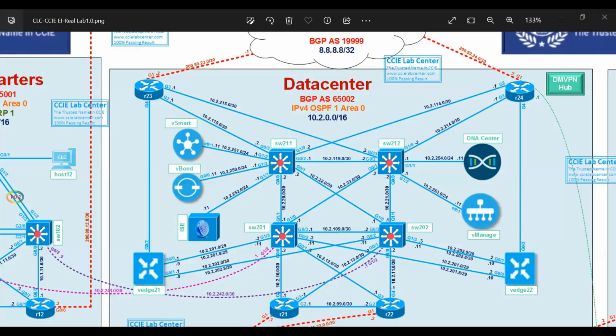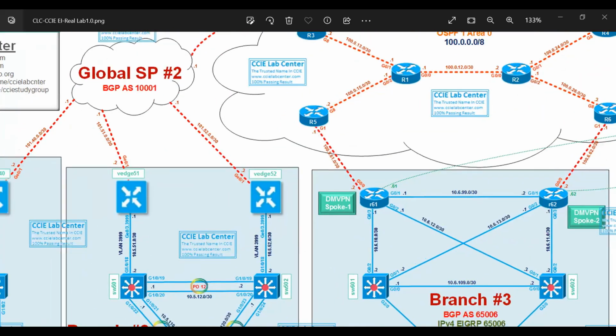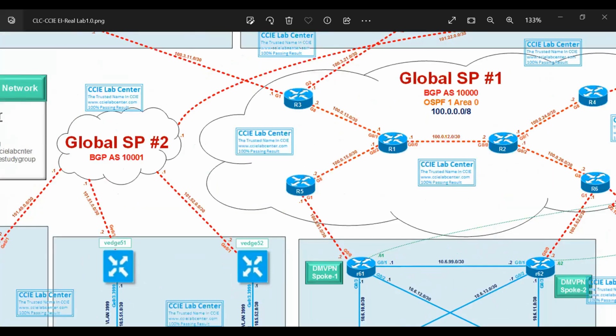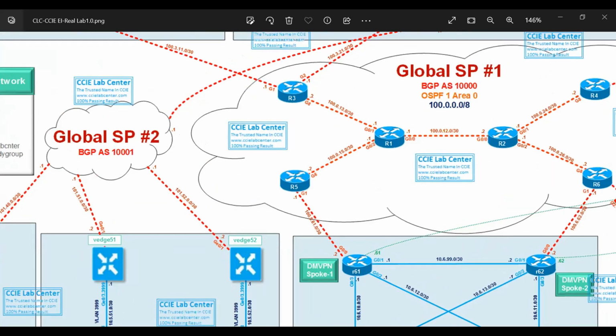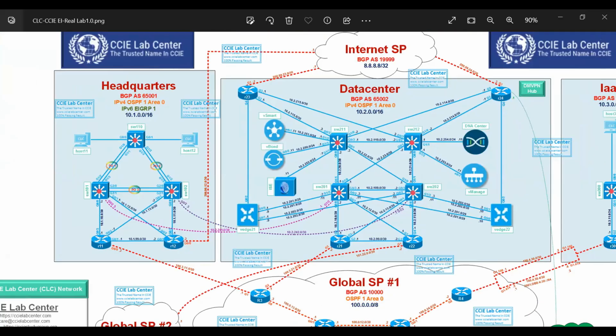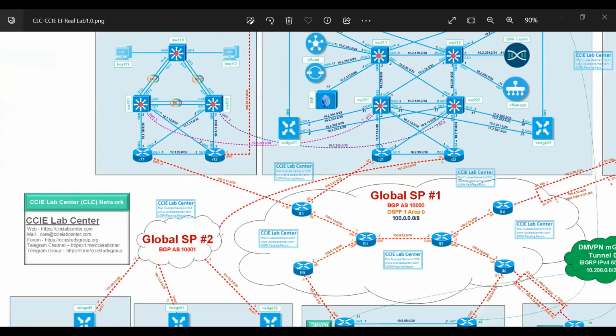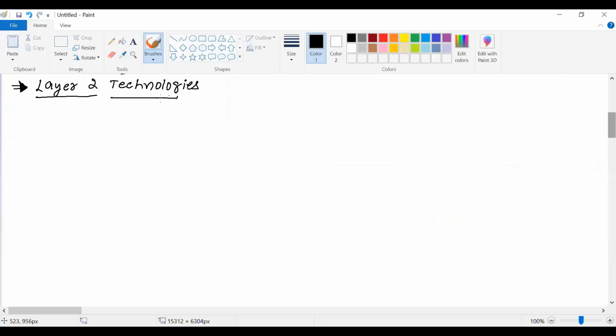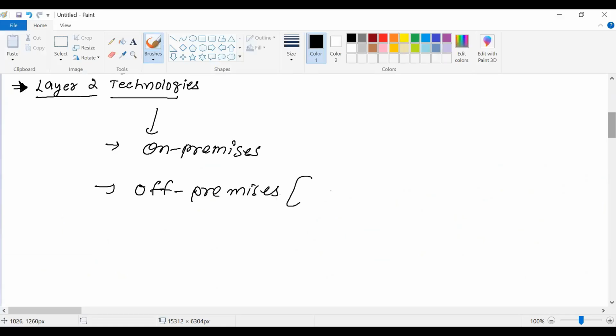Now you can see that I have the vEdges here. I have to manage the vEdges from the controllers located in the data center. We have the network controllers, and network controllers can be deployed on-premises or off-premises, which means cloud, or we can say our data center.